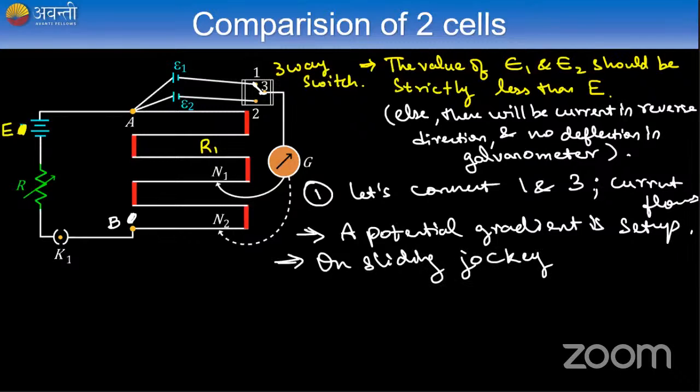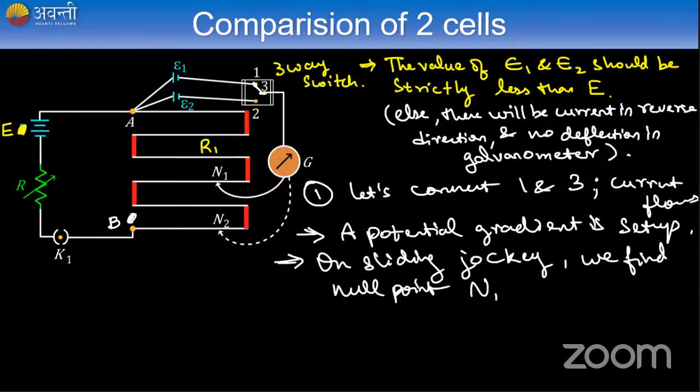On sliding the jockey, we find the null point N1. So this is the null point. Say we slide it all the way from here. We found our first null point.